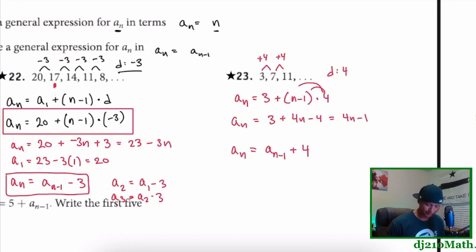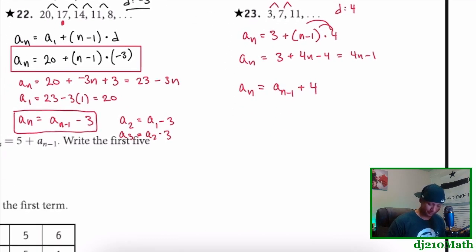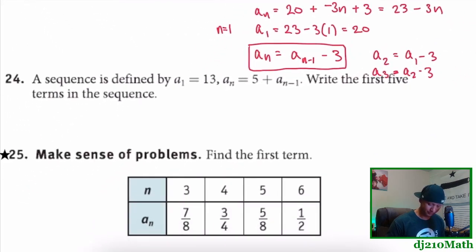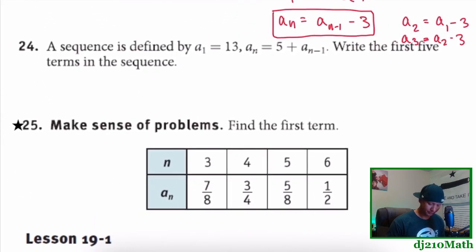All right, a sequence is defined by a sub 1 being 13. So the first number in the sequence is 13. And any term can be found by taking 5 and adding it to the previous term.